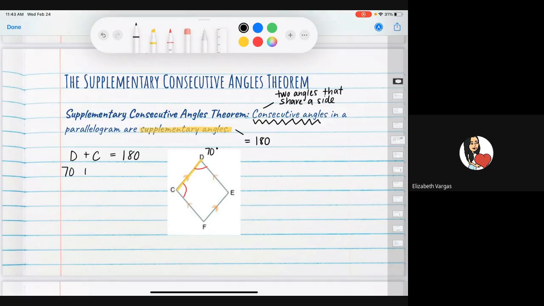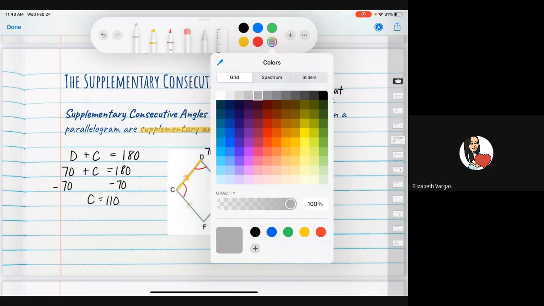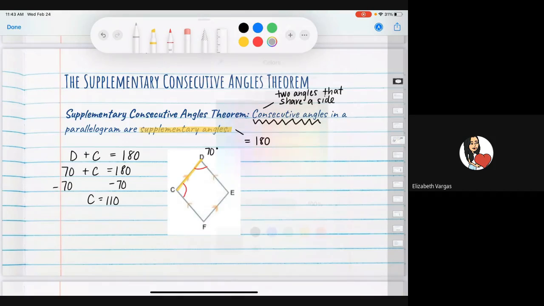So therefore, C is equal to 110 degrees. So that's what I just solved for. So basically, consecutive angles are supplementary.